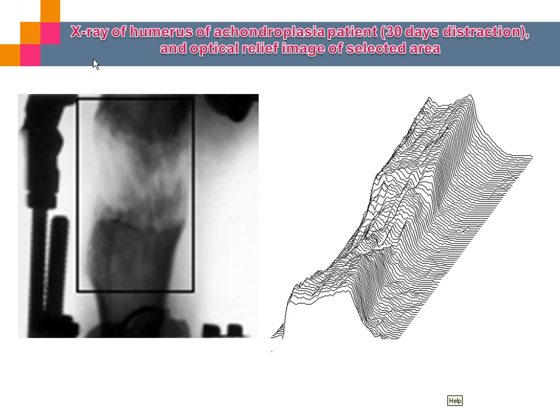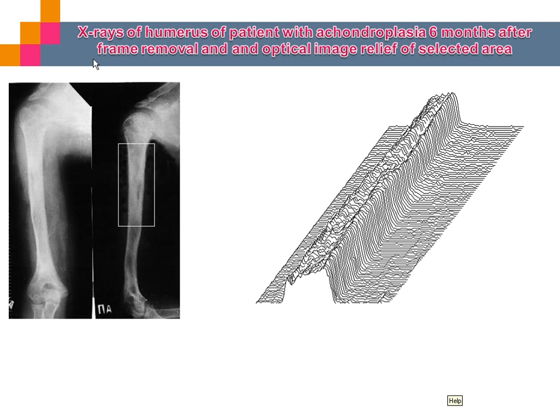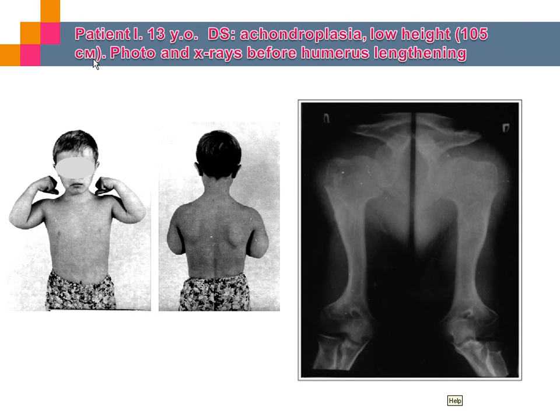The optical relief at this stage of the X-ray processing algorithm demonstrates an obvious decrease of optical density of the regenerate compared with the maternal bone. The X-ray processing algorithm is that in the resulting embossed image, the surface height and color of each point is a function of brightness, that is, the density of the original image at this point. Here is a clinical example.